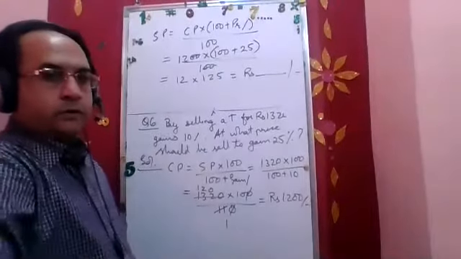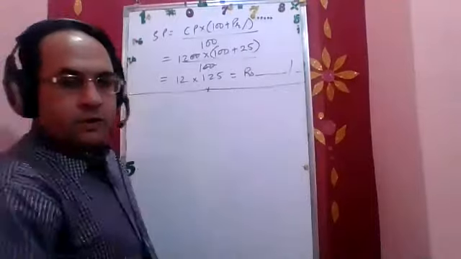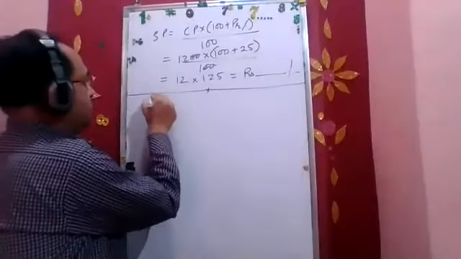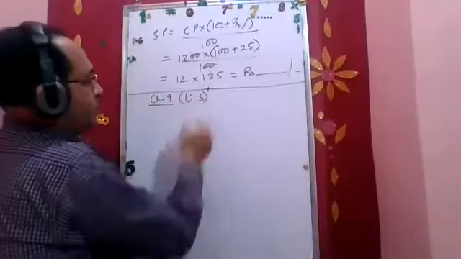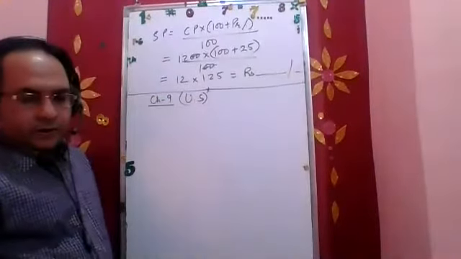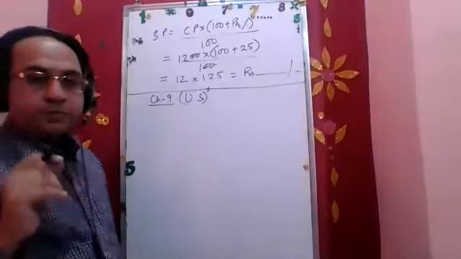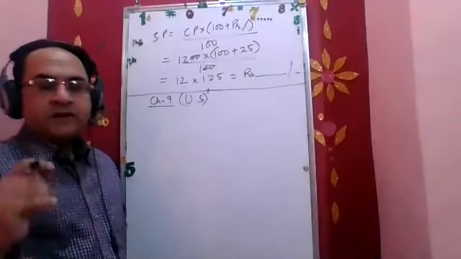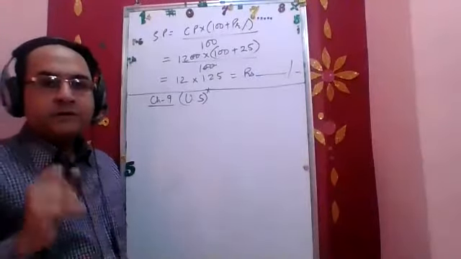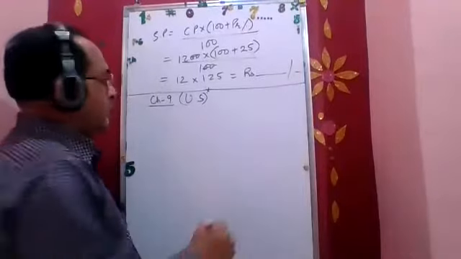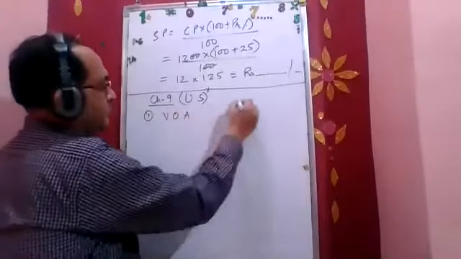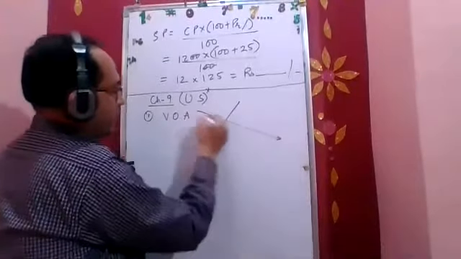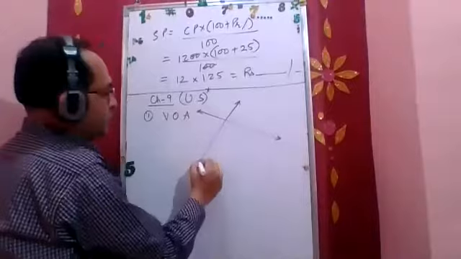So about chapter 9. Chapter 9 is understanding shapes, right? In that, there are various properties, and each and every property has its own importance. For example, the first property is the vertically opposite angles.